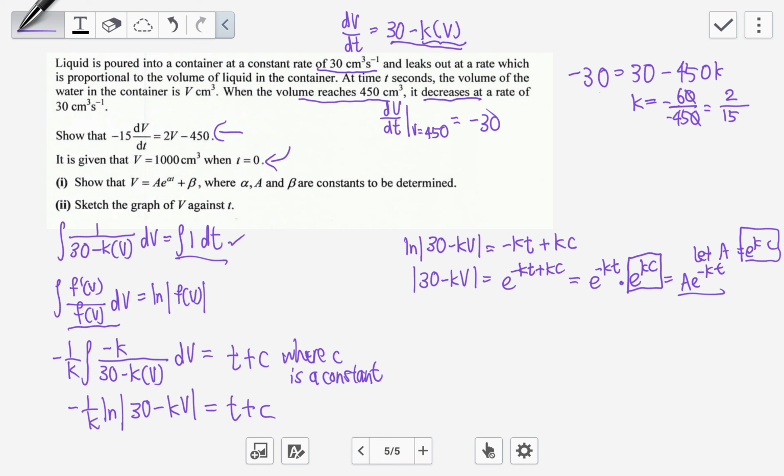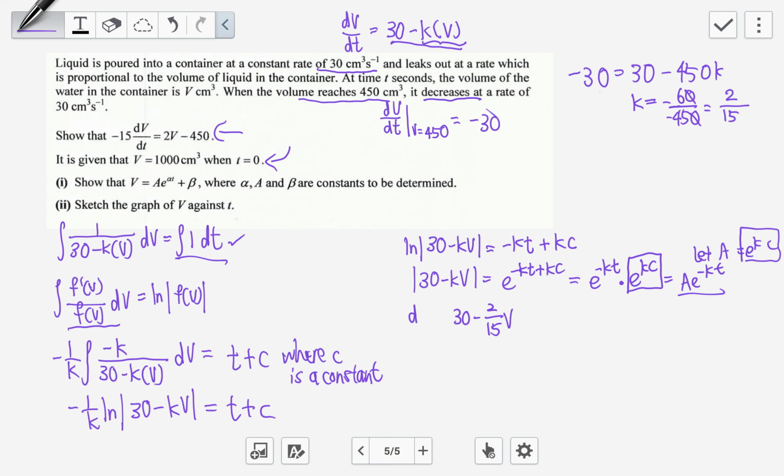So we will have the equation as 30 minus 2 over 15 V equals dV/dt. We'll just substitute the k back inside here.